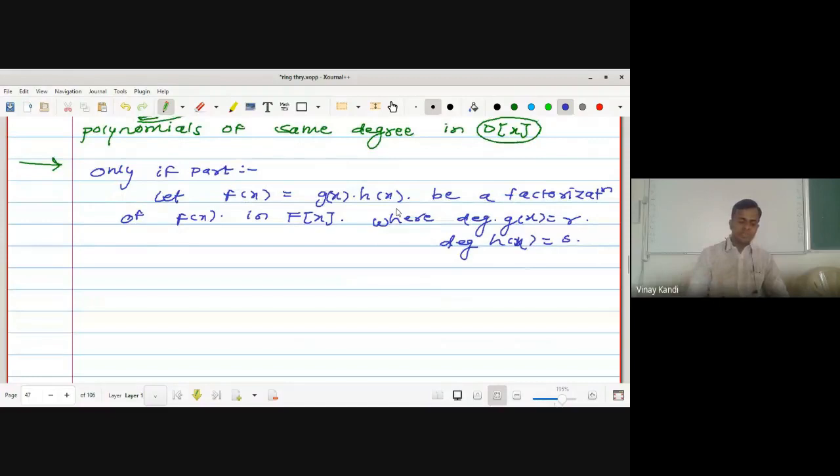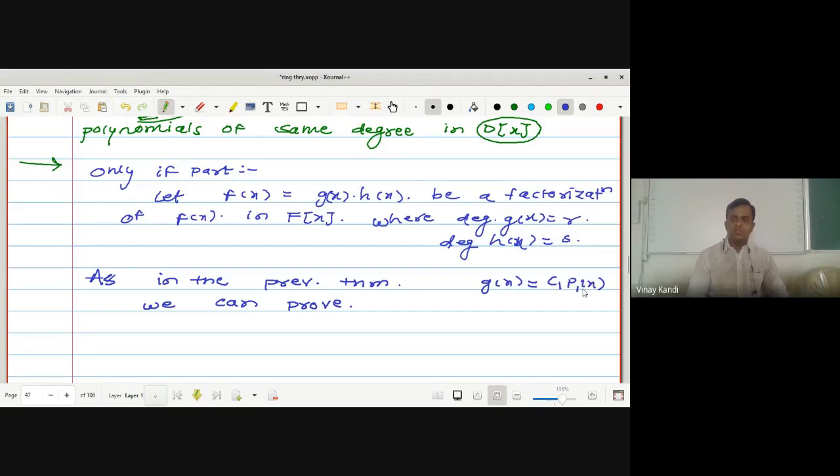Okay, so in the previous theorem we proved that. What we proved? As in the previous theorem we can prove, तिथं काय होता तुमचा g of x is equal to what, c1 into p1 of x.